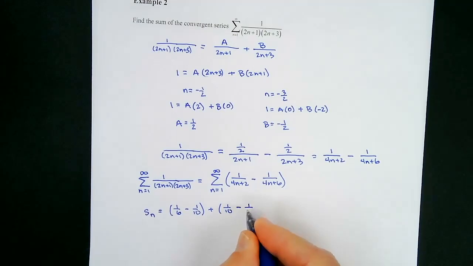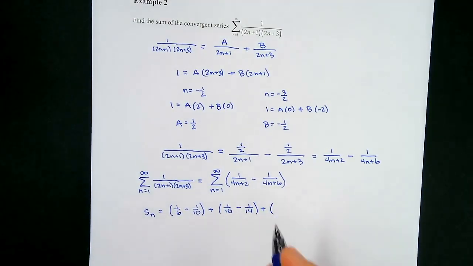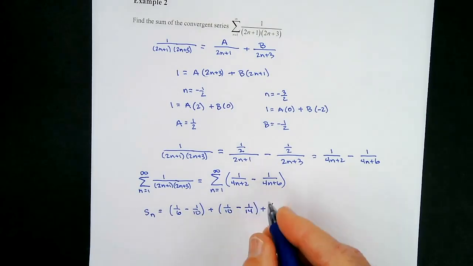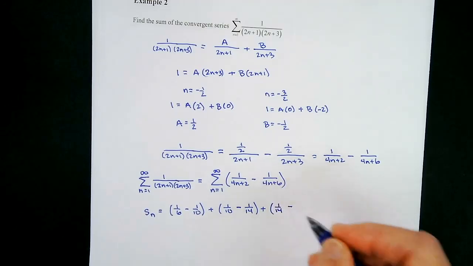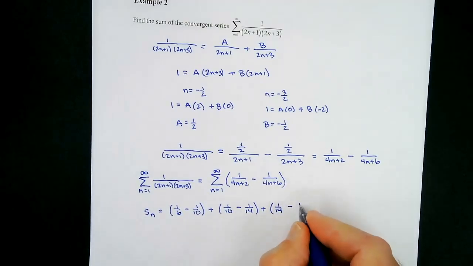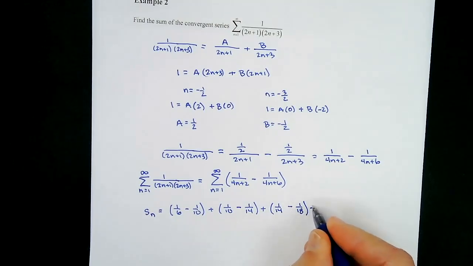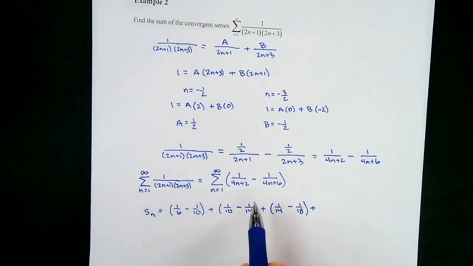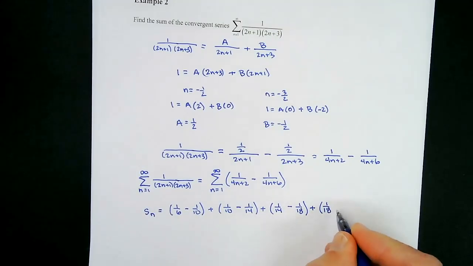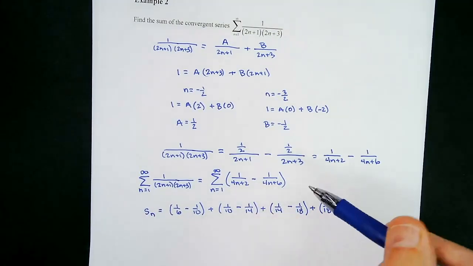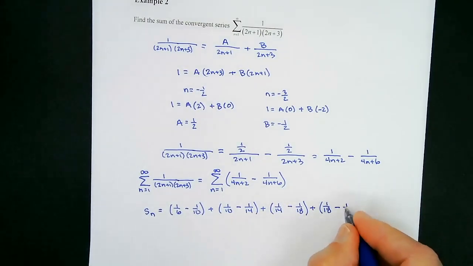So minus 1/14. And then plus, if we do 3 of these, it'd be 1 over 14 minus 1 over 18. And then plus, I'm going to do the fourth one. So the fourth one would be 1 over 18, and then minus, if we put 4 in this, this would be 16 plus 6, which is 1 over 22.